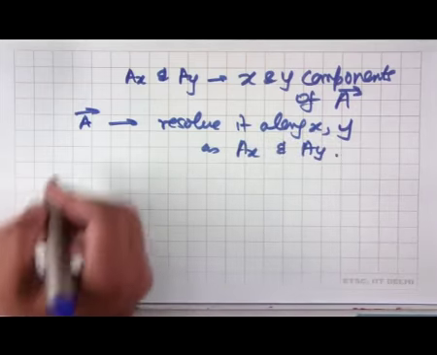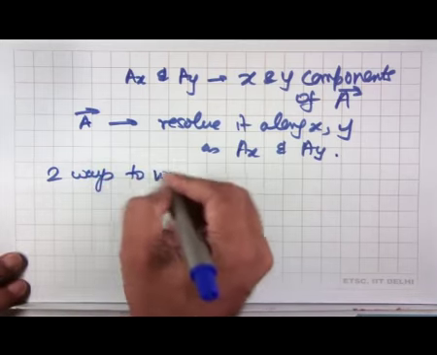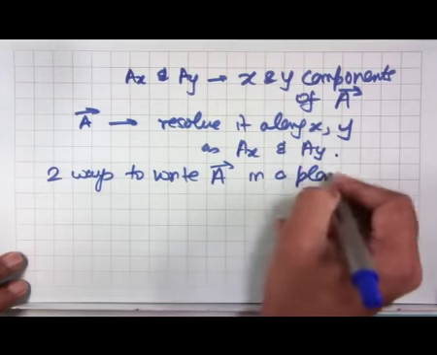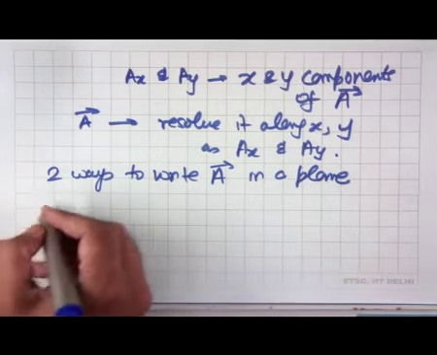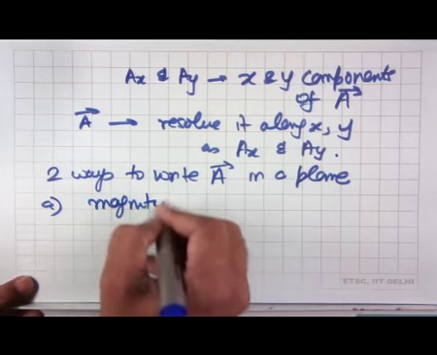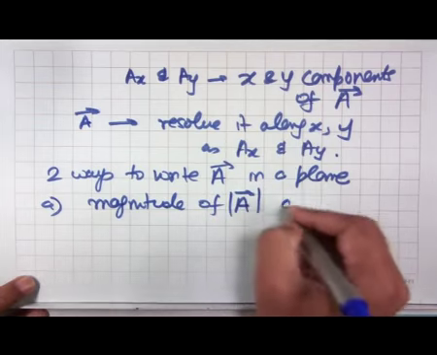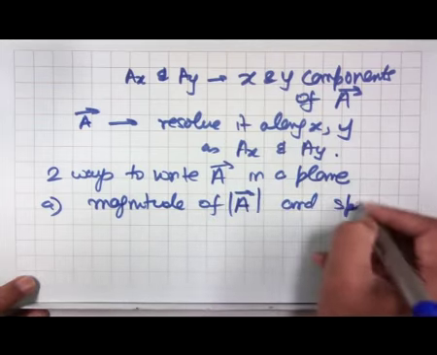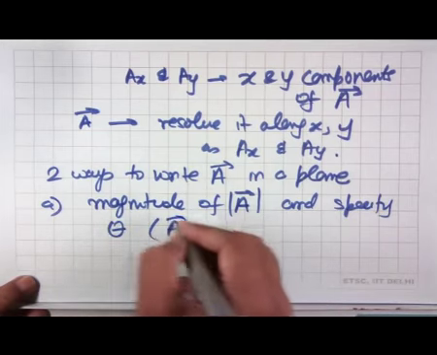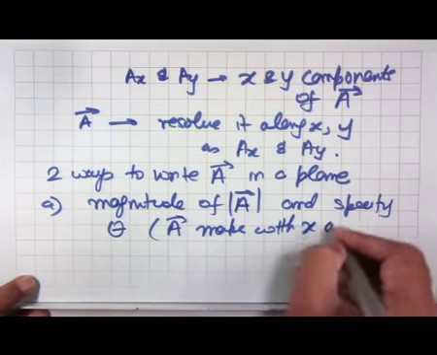So, we see that there are two ways to write a vector A in a plane. The first way is we use the magnitude of A and we specify the angle theta which A makes with the x axis.